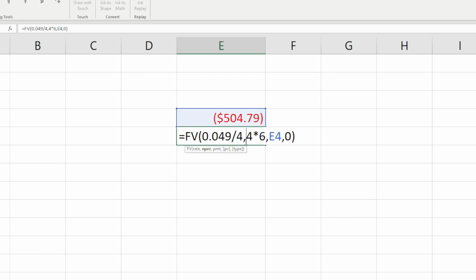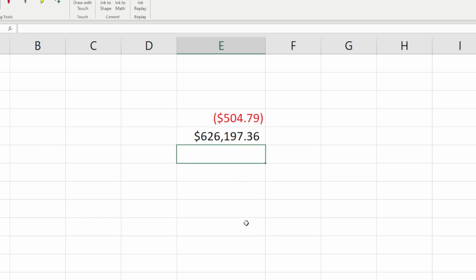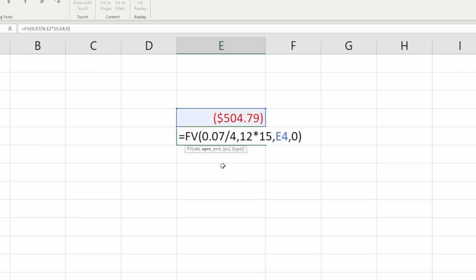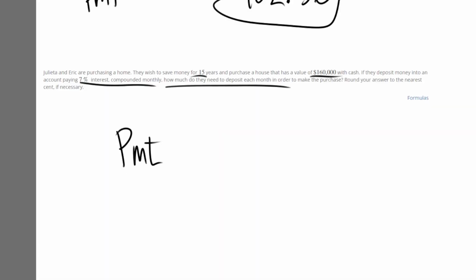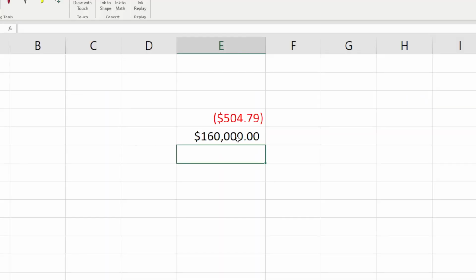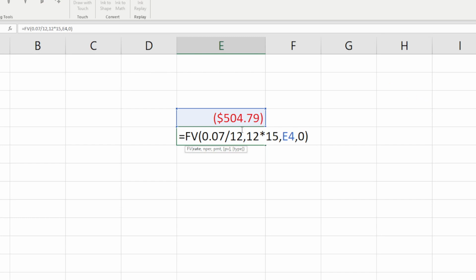Which gives us this. We need to change up the 4.9 to 7 instead, and we need to change the 4 to 12 and our 6 to 15. Uh-oh, hold on. I might not have changed everything. Okay, I know what I did. I didn't replace the 4 with the 12.